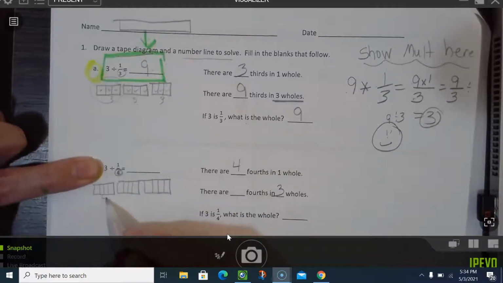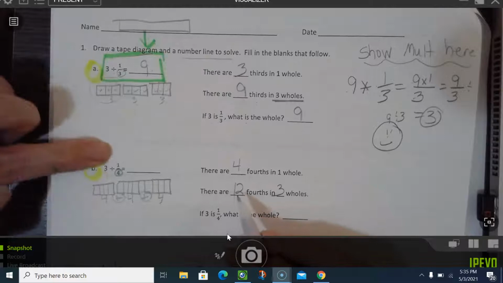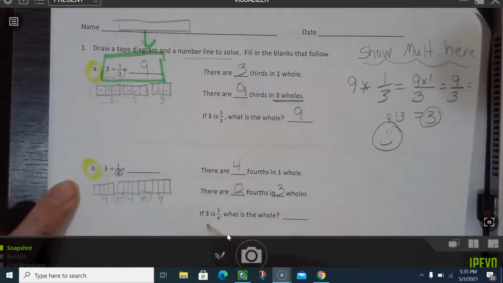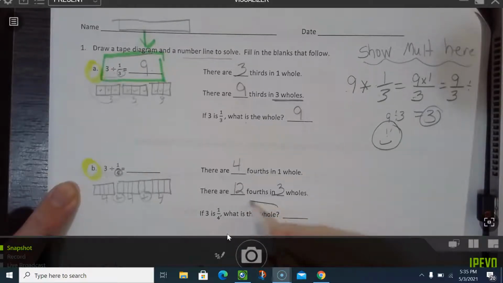So there's 4 here, there's another 4 here, and another 4 here. So if I count by 4s, 4, 8, 12. There are 12 1/4 partitions in 3 wholes. If 3 is 1/4, what would the whole be? Again, this answer is going to be the same.